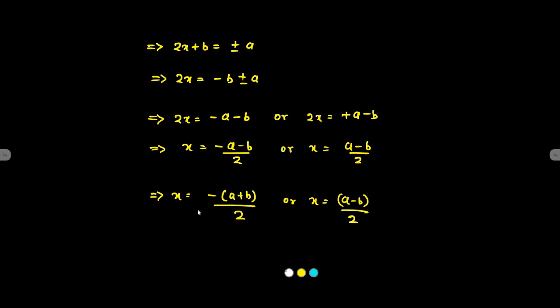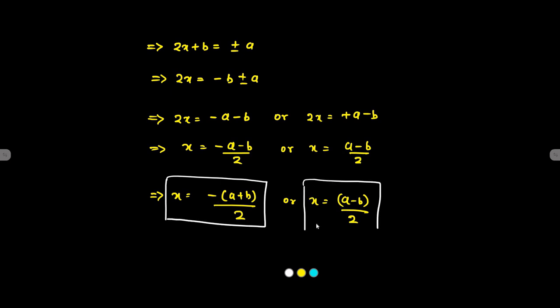So these are the two solutions, the two roots of the quadratic equation. So the approach is the same. Here instead of whole numbers, we had 4x square and 4bx, and the remaining a, b are real numbers. So this is the solution.